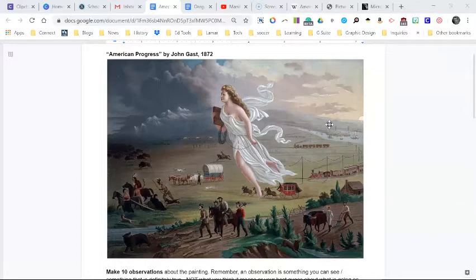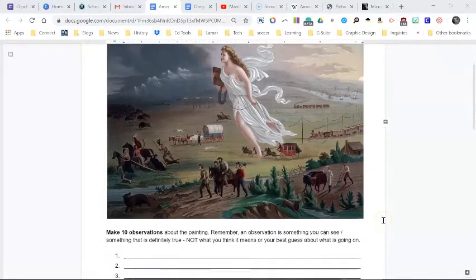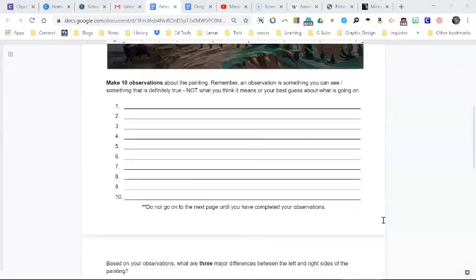We see on the left Native Americans, and on the right, we see white Americans. And so those are some differences that we see. On the left, we see little technology, more older technology. On the right, we see more advanced technology. So those are some different observations you may have made, but there's many others you may have seen as well.